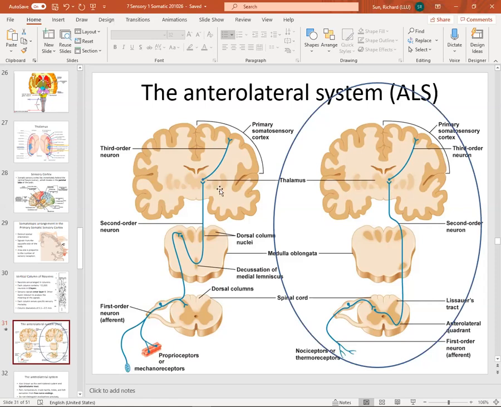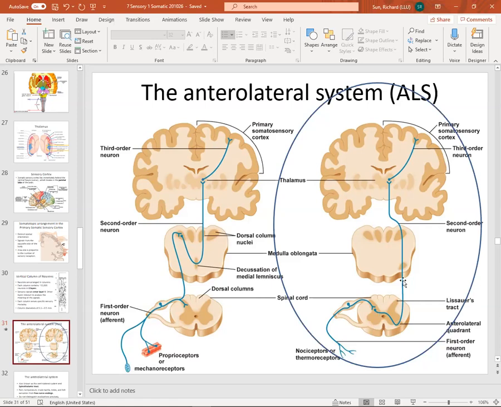Very much like the DCML, the thalamus is the hub. So this signal will also go into the ventral posterior nucleus, and then from there, it will send signals to the primary somatic sensory cortex.